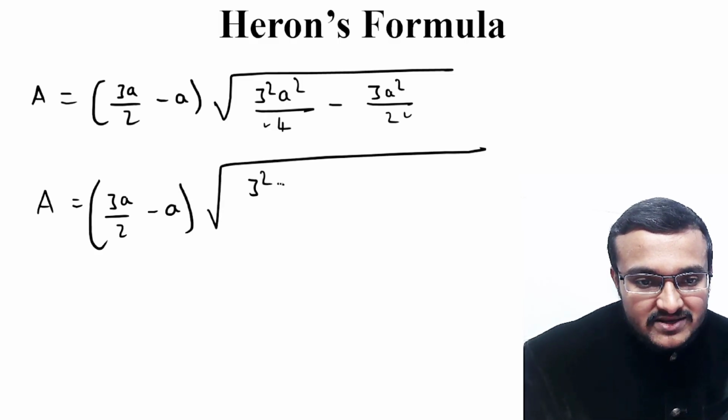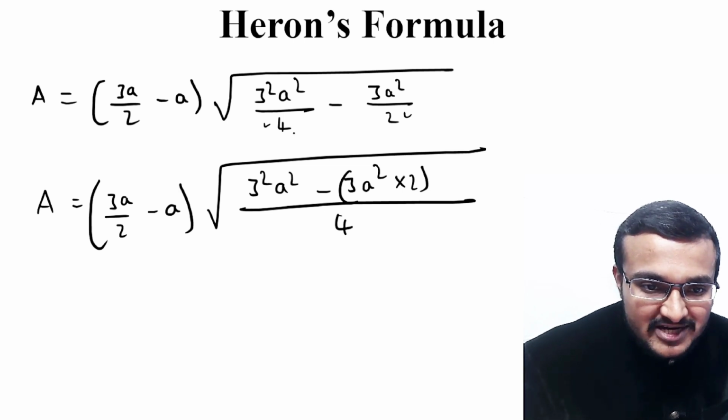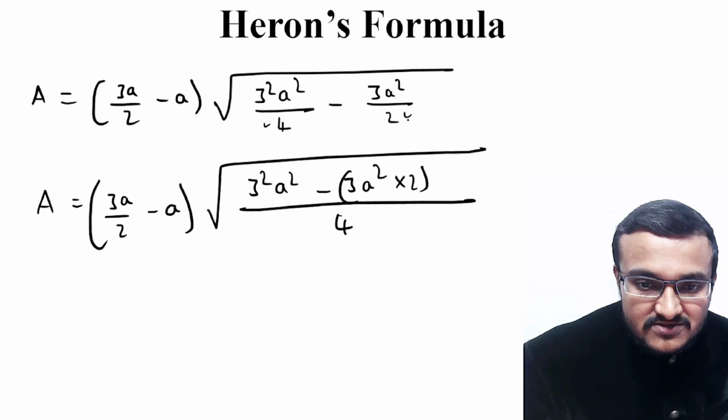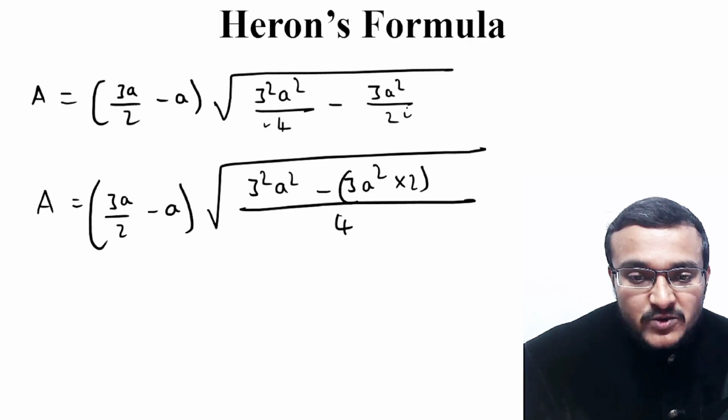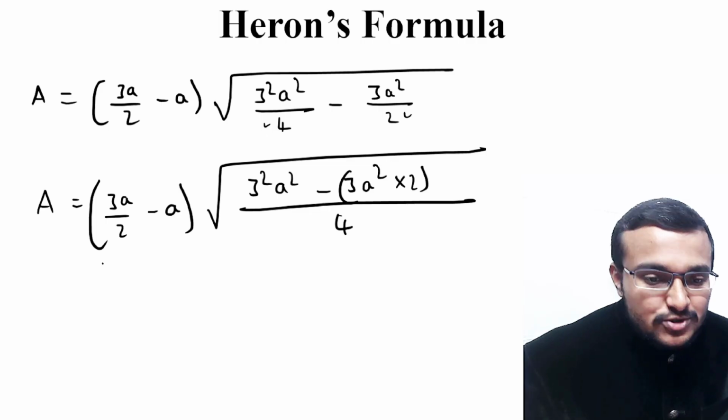So 3 square a square minus 3a square into 2, whole divided by 4. Here the LCM is 4, so the 4 you multiply with this gets cancelled. The same 4 you multiply with 3a square by 2, so the 2 twos are 4, giving 3a square into 2.